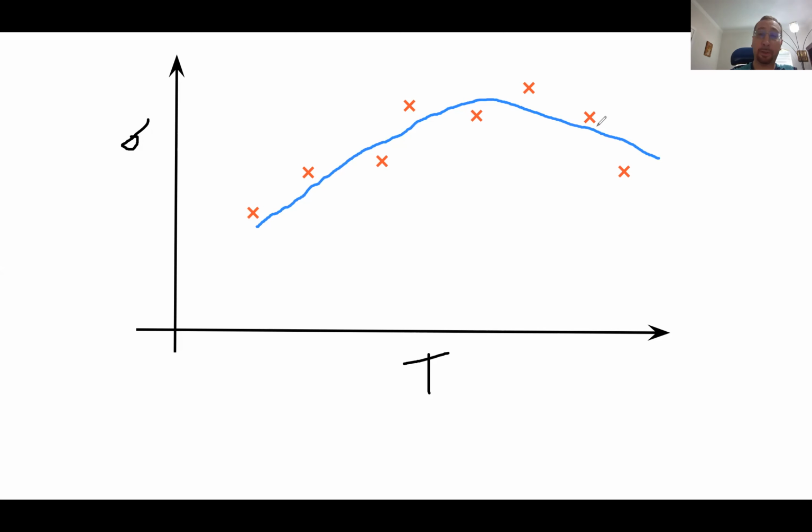One of the reasons that they didn't fall exactly on our true curve, which we don't have access to in a real experiment, is that these are not done for the same duration.